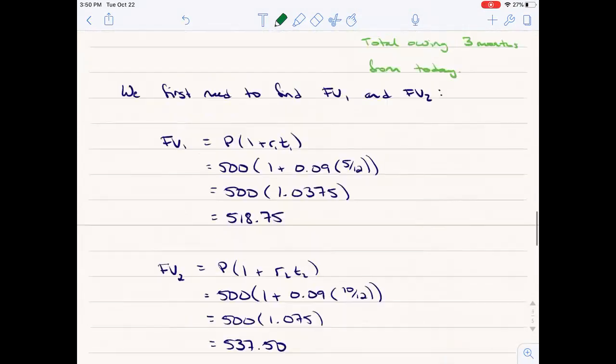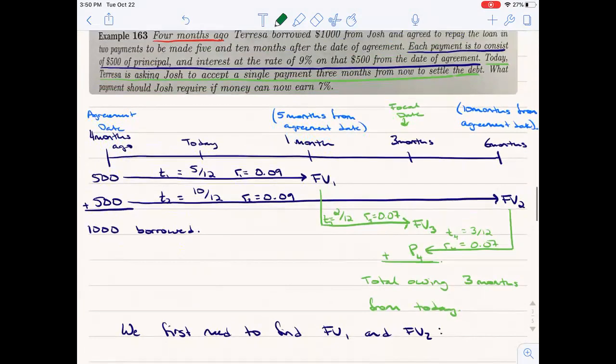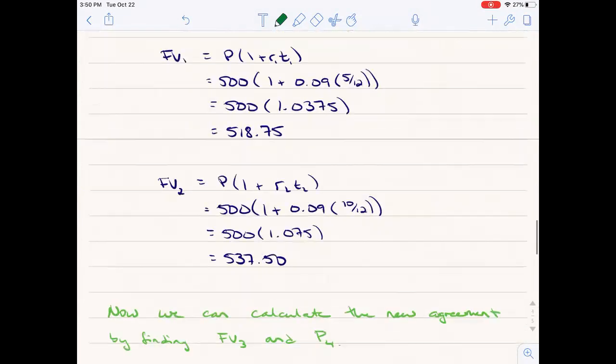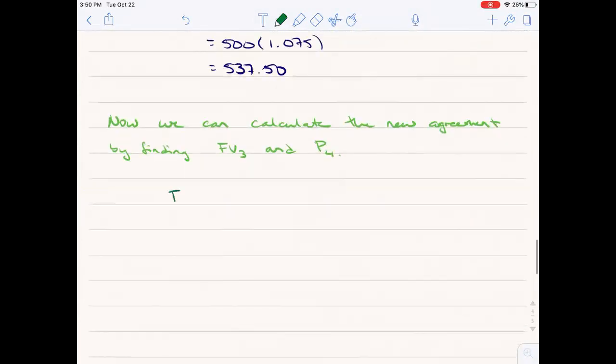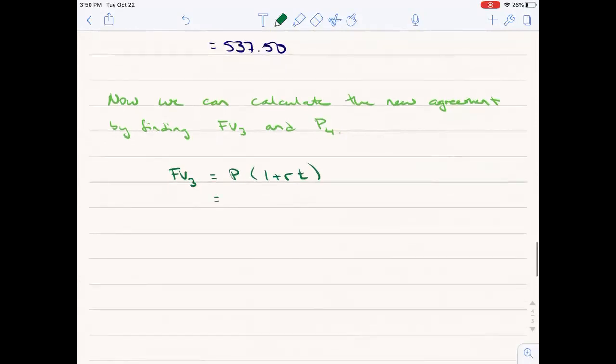Technically, future value 3 has a principal amount of future value 1. And so we can find future value 3 is P times 1 plus R times T, right, which is future value 1.